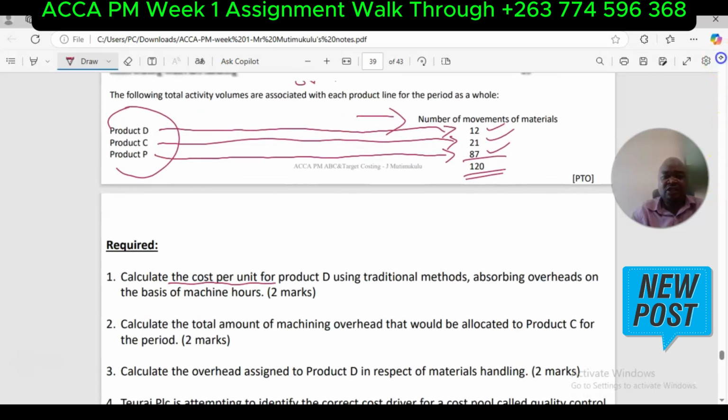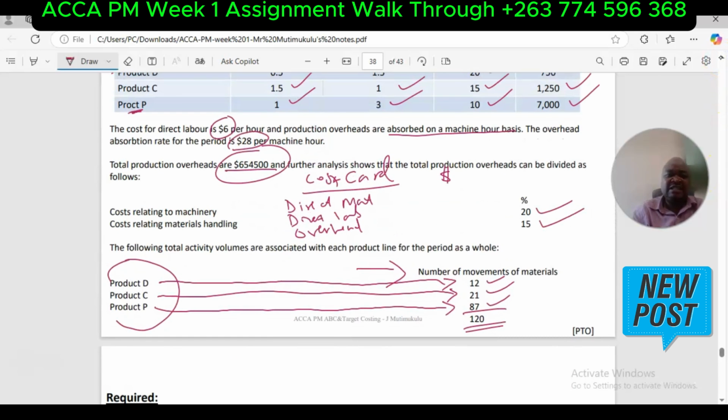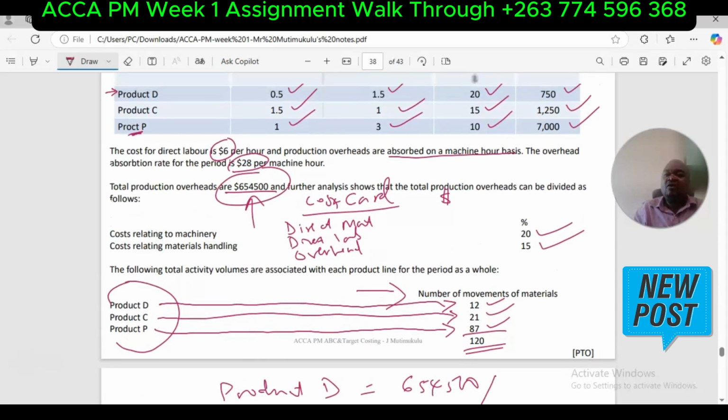For example, I saw some students just taking the total production cost of 654,500 divided by the number of units of product D, which were 750.